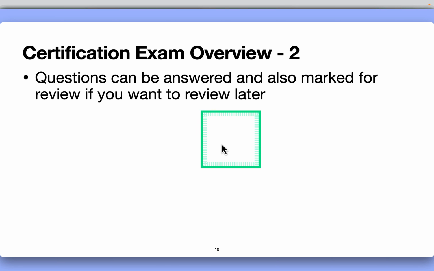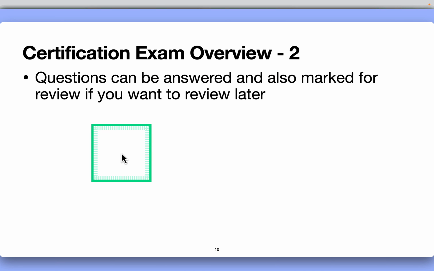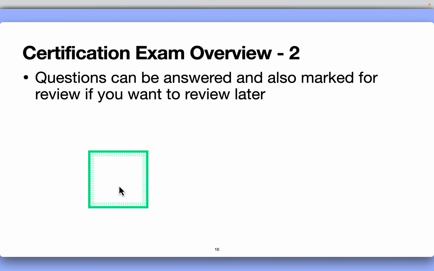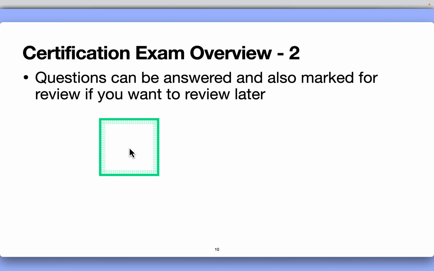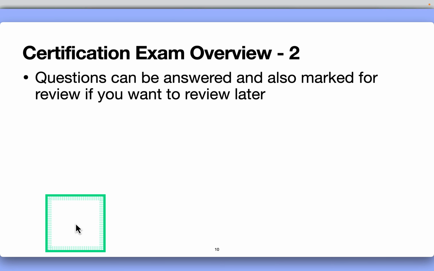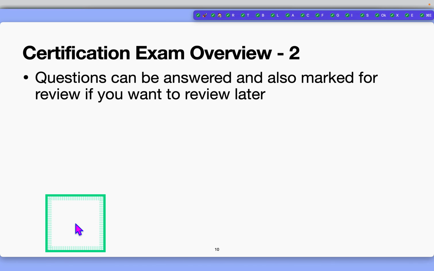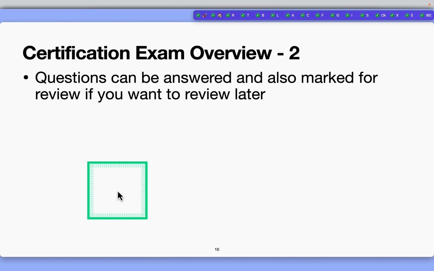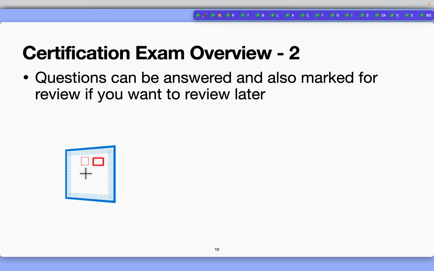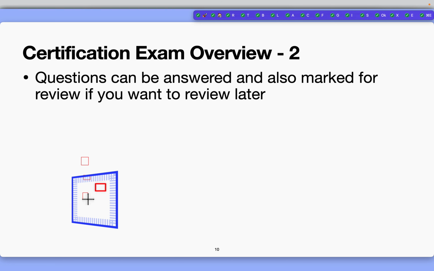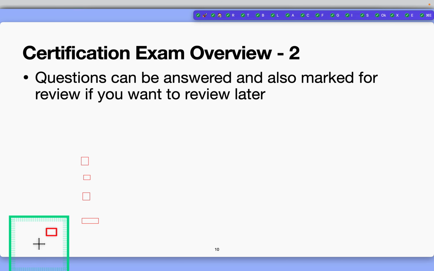As you are going through the questions, make sure you make a guess or choose the right answer, but if you're not sure, you can come back, and there's a button for mark for review later. I'll show you how it looks. For example, there will be options A, B, C, D, and under that there will be a box for mark for review later. It will look something like this, so you can just check it.